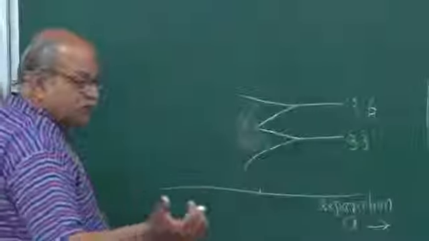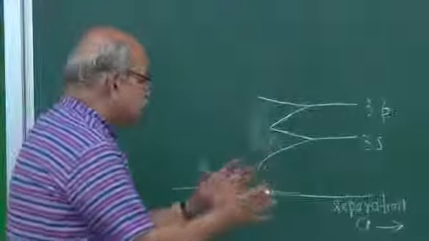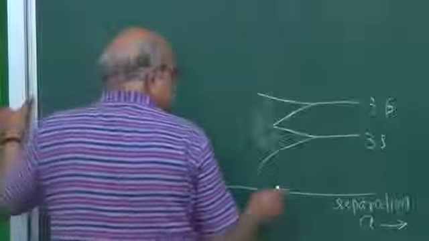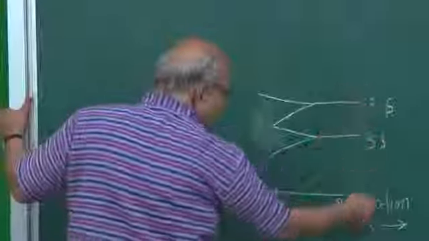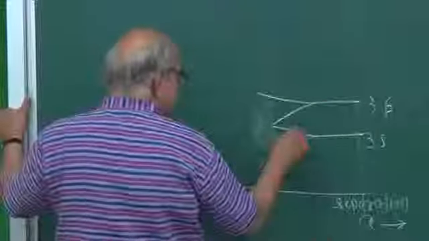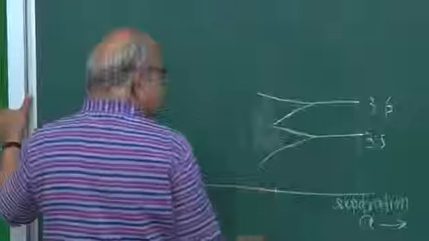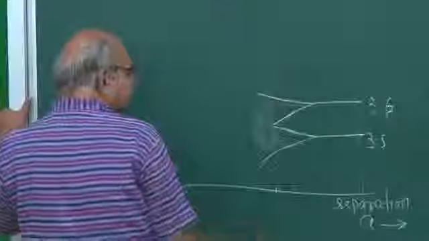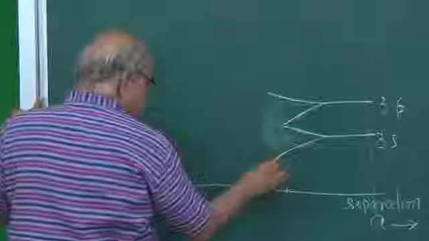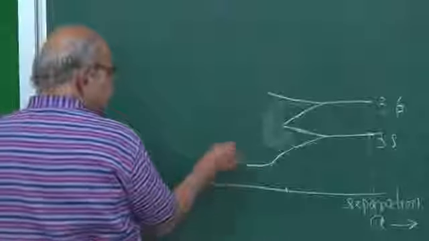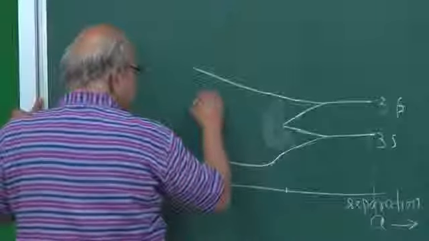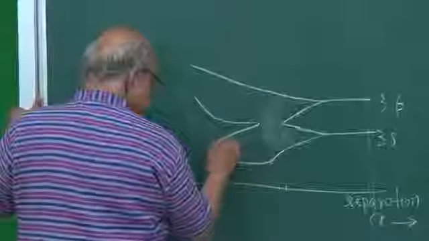You can take lattice parameter A as the measure of average separation between neighboring silicons. So if it is a large separation, it's vapor, non-interacting, it is 3s 3p. Then here this is the 3s band, this is the 3p band, broadened but still 3s 3p. After that it gets mixed up. And once it is like this, then further if you reduce the separation, it goes like this. Something of this sort.